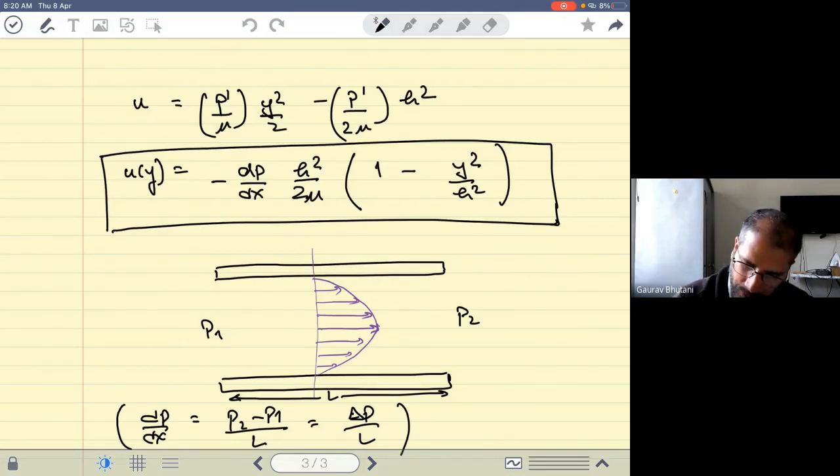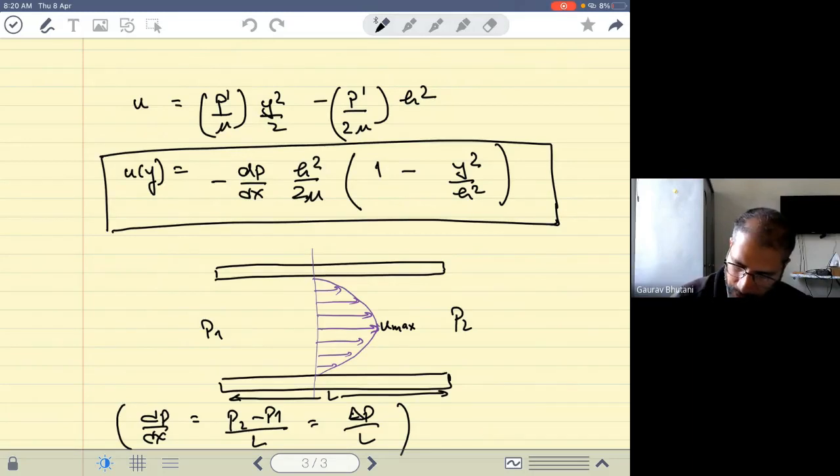Okay, and the maximum velocity that is at the center, this we call U max. Again, it's very commonly used to specify the velocity. You specify the U max, and that's all you need to specify, because you know it's a parabolic profile.